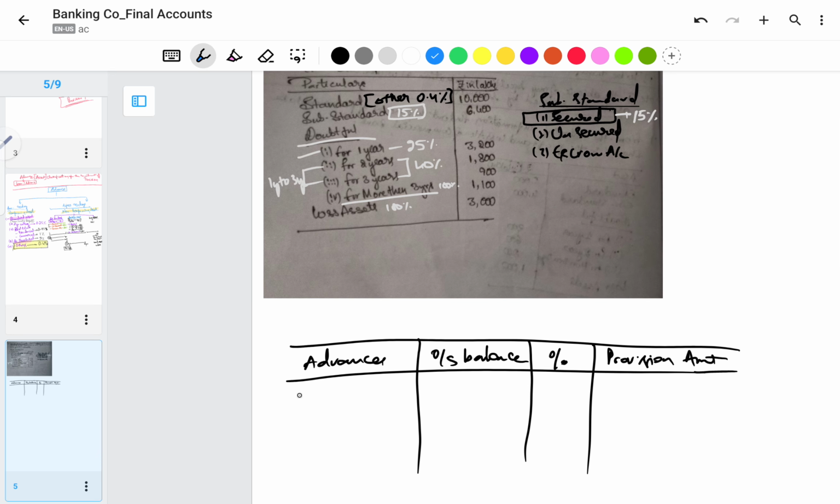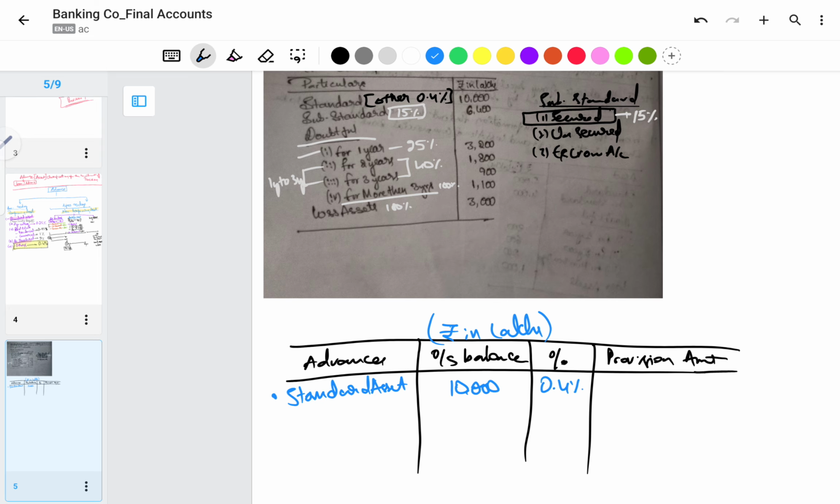Here standard assets, assuming this is secured, because nothing is mentioned. What is the balance? 10,000, rupees in lakhs. What is the percentage?